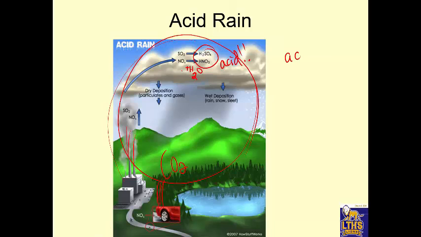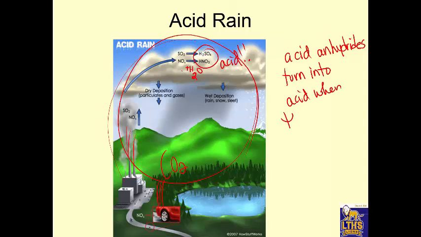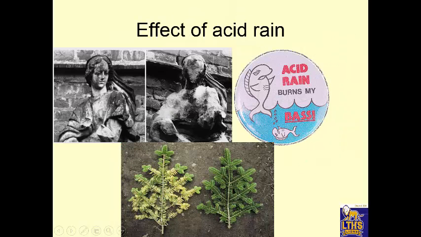So acid anhydrides turn into acid when they mix with water in the atmosphere. So what kind of effects can acid rain have?